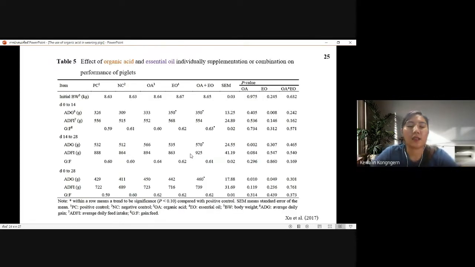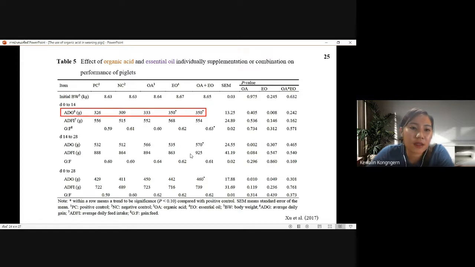This is the result where I compare the organic acid with the essential oil, used individually and in combination. This table is the effect of organic acid and essential oil, supplemented individually or in combination, on the performance of piglets.